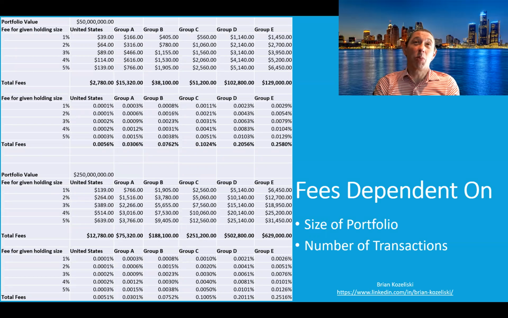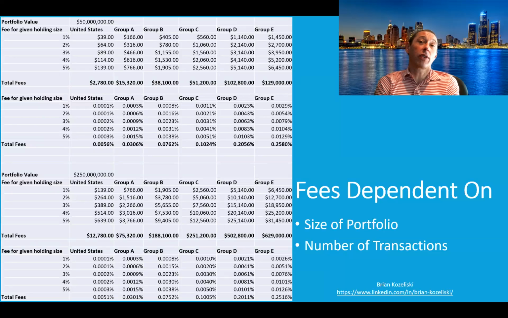So if we jump over to the Group E, and we think about a 5% position held in a $50 million portfolio, you're going to pay that custodian bank $6,450 per year to go in and out of that name one time, plus the custody fees. Now, that translates into 25.8 basis points for the full portfolio, I should say. So it translates into 1.29 basis points for that position.